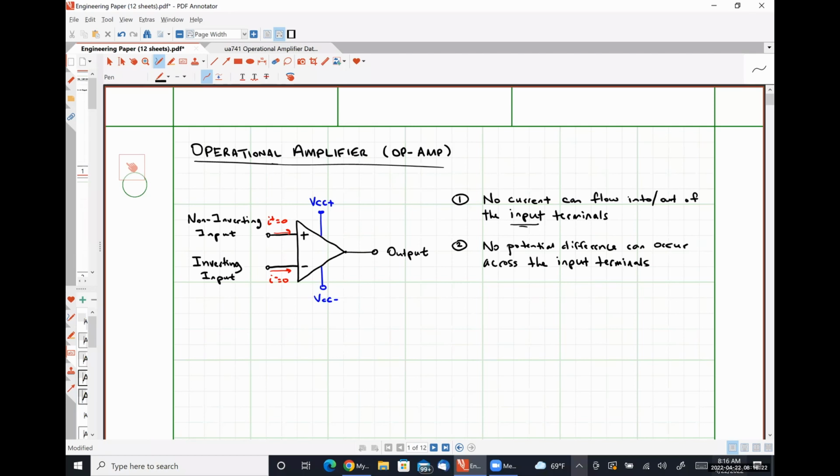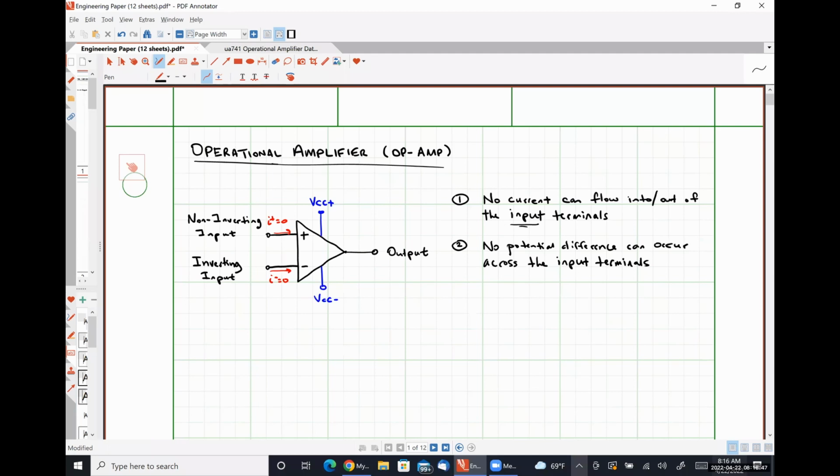Now, this particular rule is actually only applicable to what we are going to call a negative feedback circuit. Okay? But in this particular class, every circuit we are going to deal with is a negative feedback circuit. So we can always apply this rule in this class and this class alone.